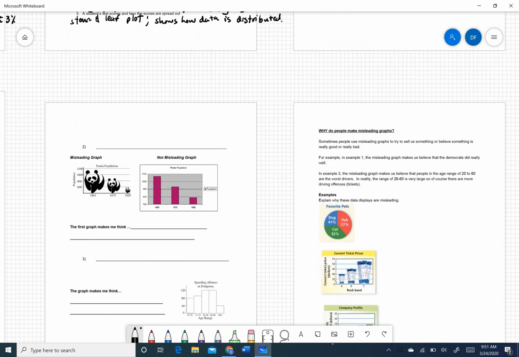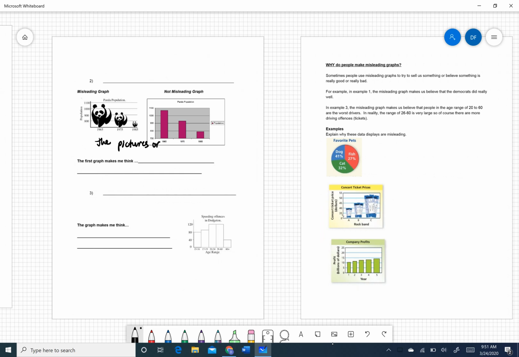For number 2, we can have that the pictures or displays are too big. Sorry. Right?